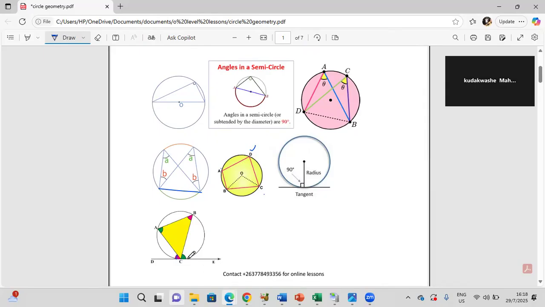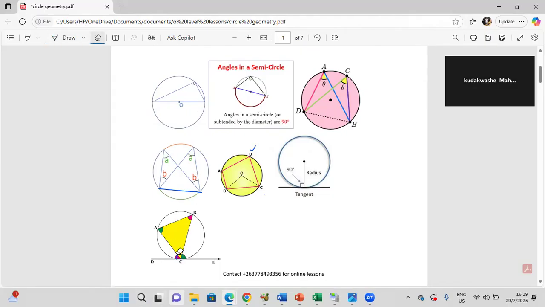Please take note of this theory. They love this one. So the triangle has to have three corners touching the circle, and one of the corners must be on the tangent. So hope you have visualized that.